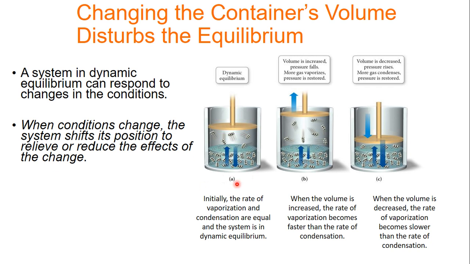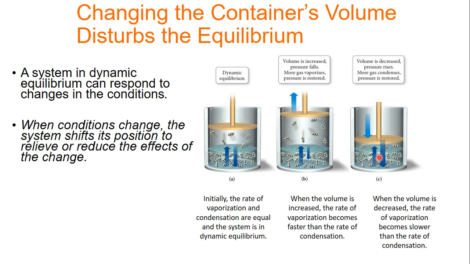So in picture A, we have dynamic equilibrium established. Vaporization and condensation rates are the same. If we have a piston and we move that piston up, we increase the volume, so vapor has more places to go, so the rate of condensation will decrease, and your rate of vaporization will be the same as it was. Effectively, more molecules will vaporize until you reestablish equilibrium.